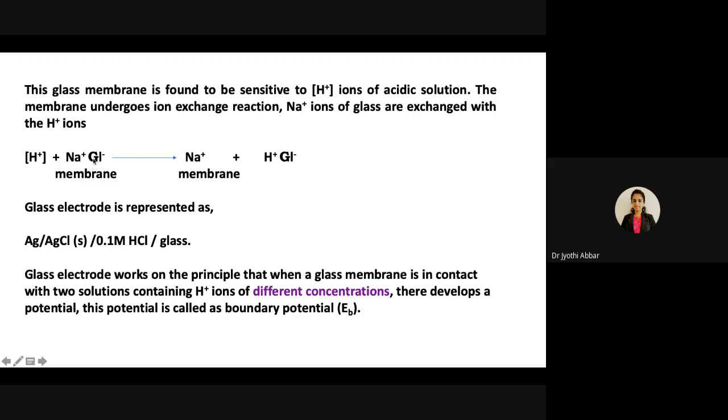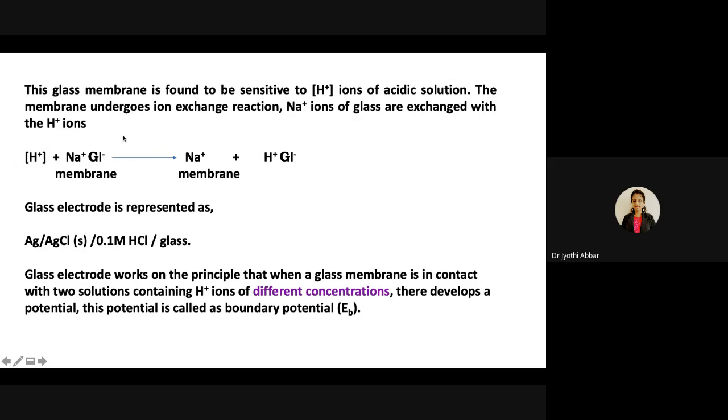The glass membrane can be represented as Na plus Gl minus. We have dipped it in a solution containing a mixture of ions, wherein it is sensitive only to H plus ions. How does that happen?